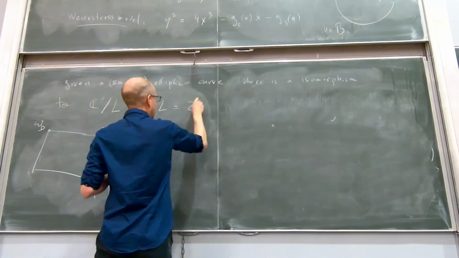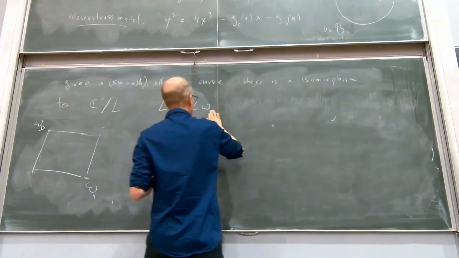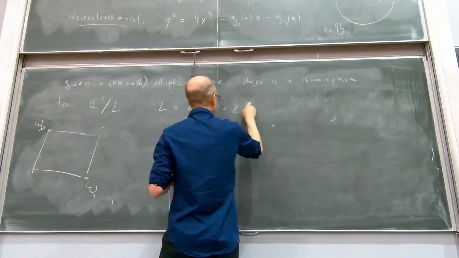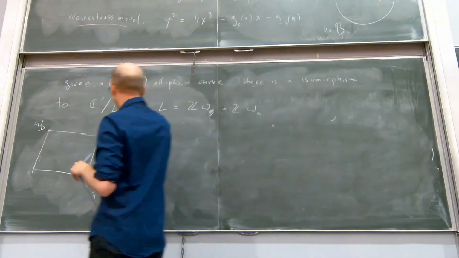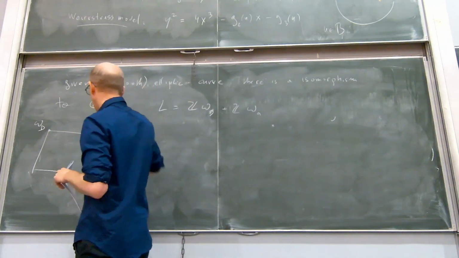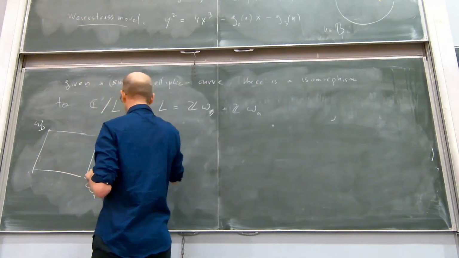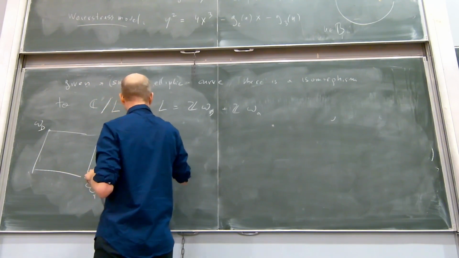So L is this lattice, with omega_D = tau omega_A. And of course, with the modular parameter tau, which is the ratio of those two numbers, called the period.